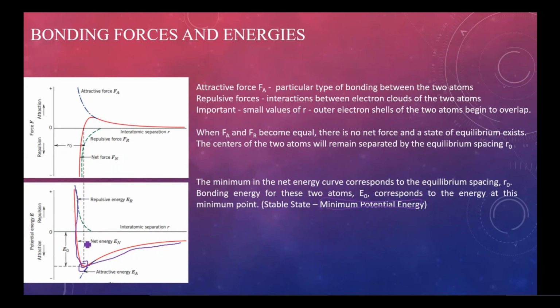That means they would have the minimum potential to do anything except for forming the bond at this distance R naught. So this E naught, energy from 0 to this point, corresponds to the bonding energy for these two atoms. If you have to overcome this energy, if you have to break the bond, you'll have to provide this much amount of energy in order to break the bond. Is this point clear to you?